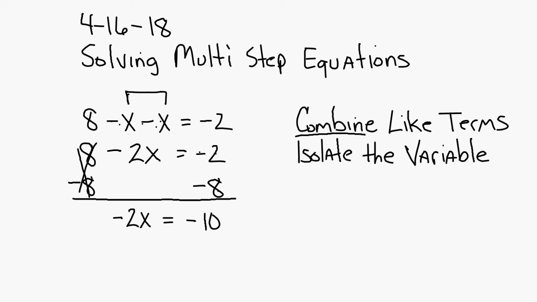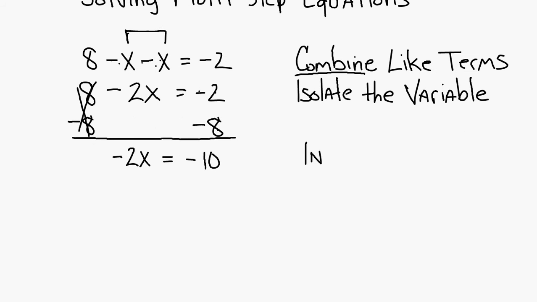And then your last step would be to perform the inverse operation. That means you're going to do the opposite of whatever's being done to the variable. In this case, the x is being multiplied by -2, so you're going to divide both sides by -2. These -2's will cancel, and the x will fall straight down.